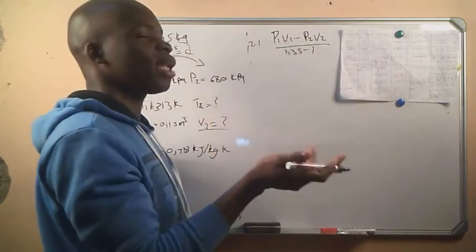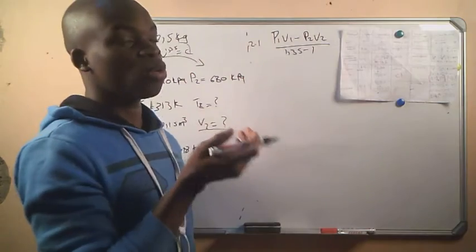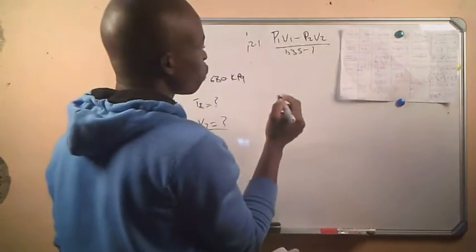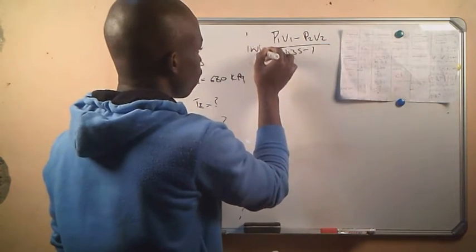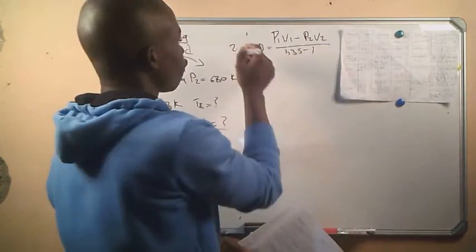I cannot write n or r here because we don't know yet which method it is, so I will just put it down as our 1.35. That's our work done, and then it's question 0.54.